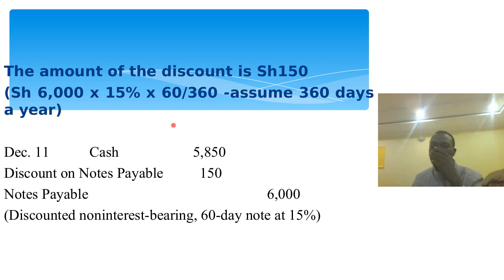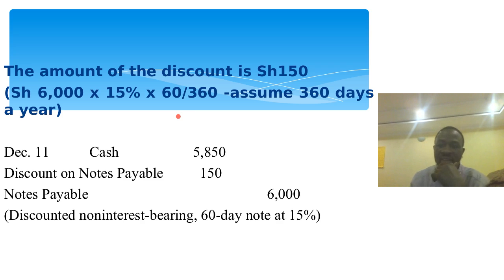You can also approach it differently by using the month. That 60 days is equivalent to 2 months. So we can have 6,000 times 15% times 2 out of 12, because a year has got 12 months.